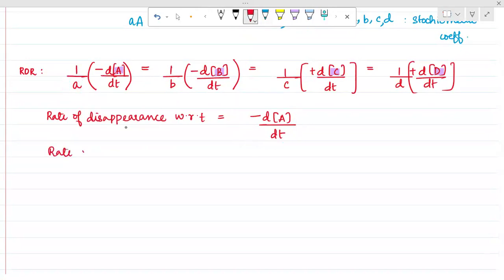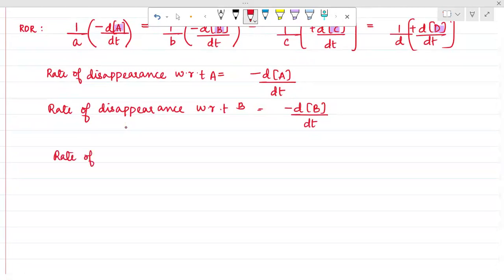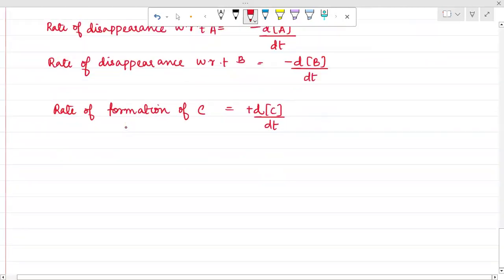Let's say I have to write the rate of disappearance with respect to B. It is minus d[B] by dt. No stoichiometric coefficients considered. Similarly, the rate of appearance or formation of C is, as it is a product, plus d[C] by dt.